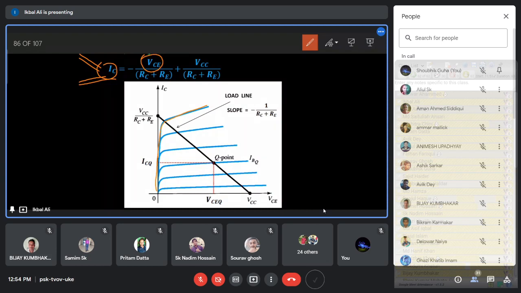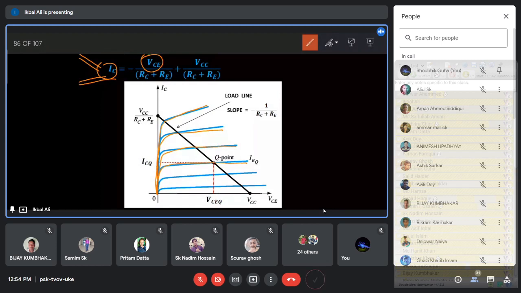This graph, the output characteristics curve of the transistor, is the second equation. You can easily obtain this curve from the laboratory or from the manufacturer data sheet. This is already available.